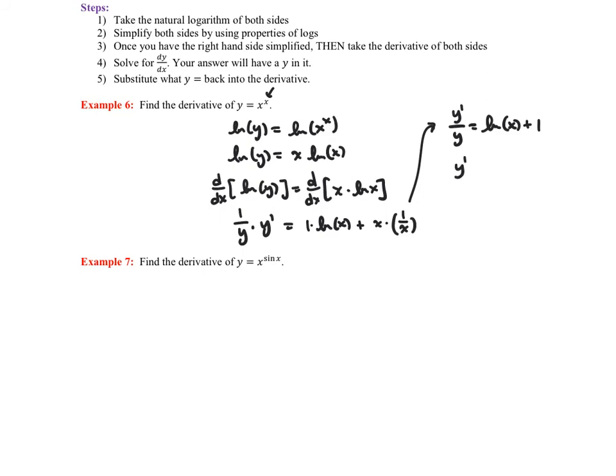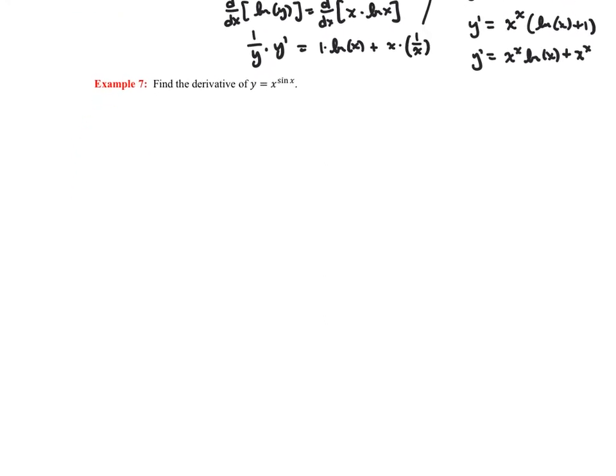All right, so y prime will be equal to ln of x plus 1 times y. Well, what was y? It was x to the x. So y prime ends up being x to the x power times ln of x plus 1. You could write that expanded as well. That would be x to the x ln of x plus x to the x.